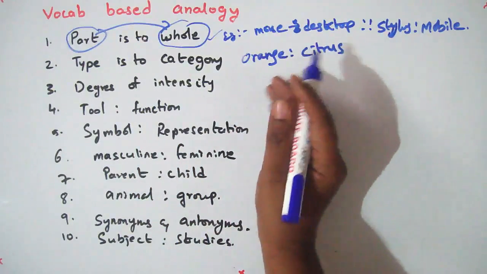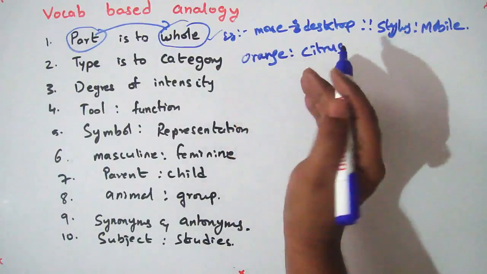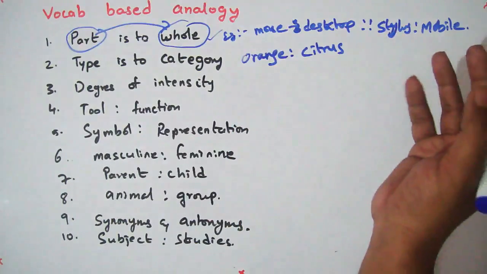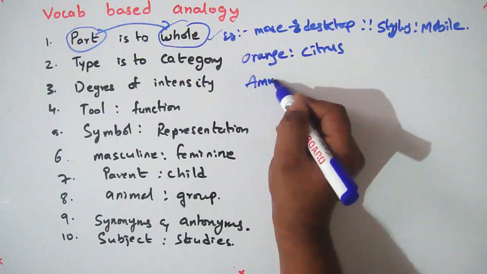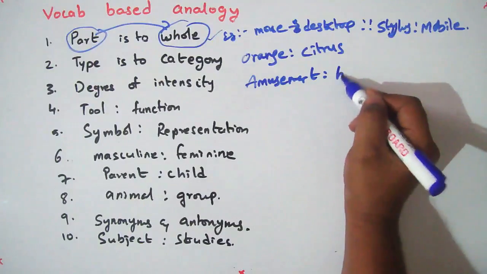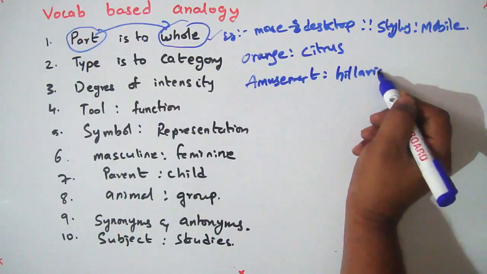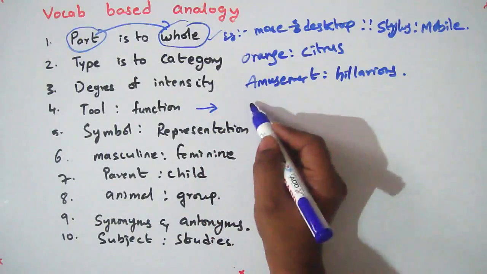And the other division is degrees of intensity. See friends, if the intensity is less, it is called one type, and it is more, it is called other. Suppose amusement to hilarious. A tool to function.